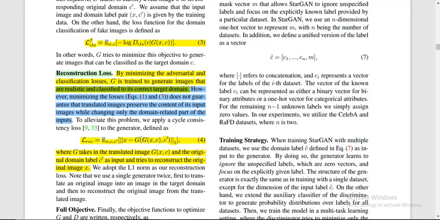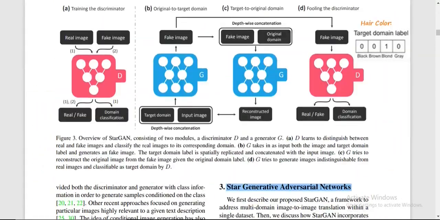For example, there is an input image, and the generator generates the target image, or the fake image, conditioned on this domain information C. And again, this generated image is given, conditioned on C dash, that is the original domain, and the generator again generates the reconstructed image. What is shown here?